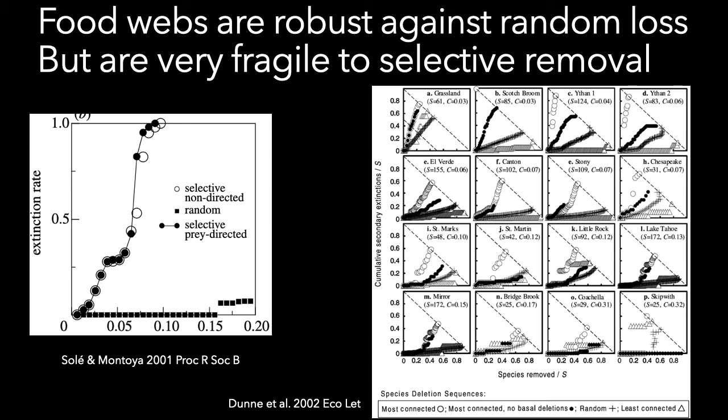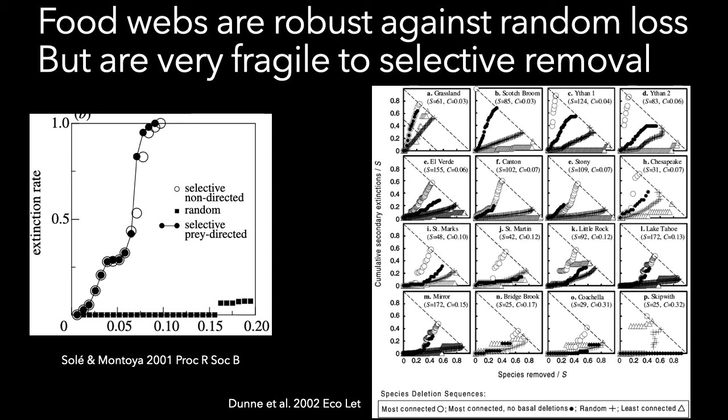On the left side of your display, we have a similar type of plot as we have seen before. On the x-axis, we have the fraction of primary extinction, and on the y-axis, we have the extinction rate as calculated discounting primary extinctions, so reflecting the secondary extinction and then the robustness of the network.